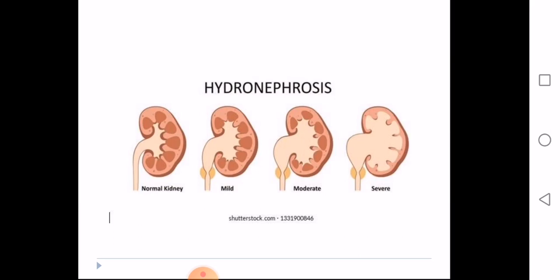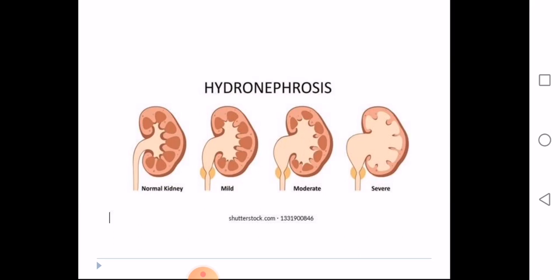So urine is not able to flow out properly. The upper or proximal part is a little dilated when you compare it to the normal kidney. Then you can see the moderate and then the severe. You can see how the dilatation is proceeding.